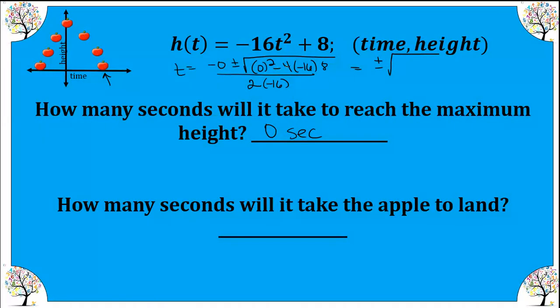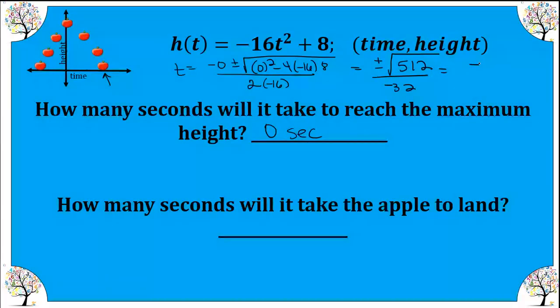And then we have a negative times a negative, so we're going to have a positive radicand. So we're going to multiply 4 times 16 times 8, and that gives us 512 over negative 32. So we're going to have a negative.